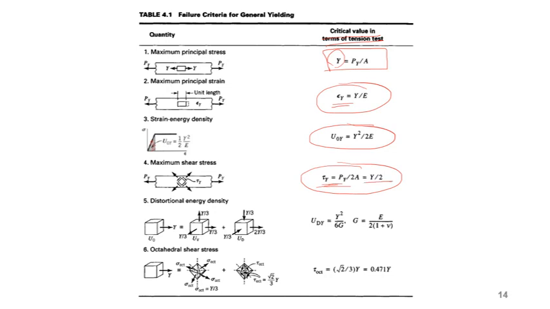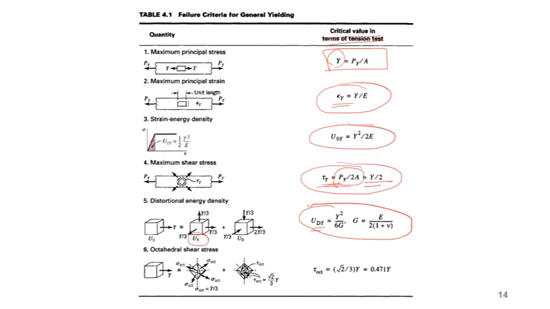P y by 2A, that is the load divided by area, or sigma y by 2. For the distortion energy density criteria, it is equal to sigma y squared by 6G, where G is the modulus of rigidity, and only the distortion part, not the volumetric part. Volumetric means causing only a change in dimension.